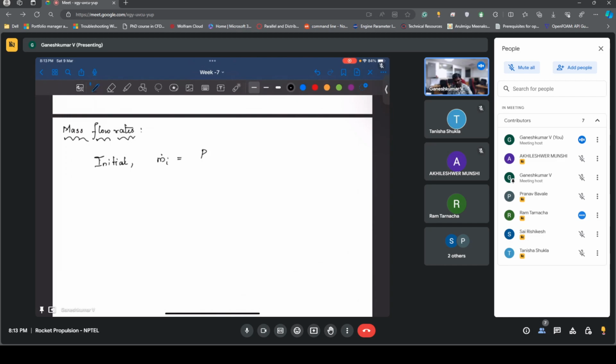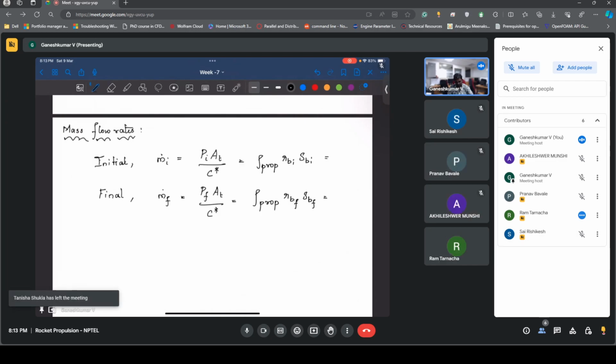So m dot initial is going to be either PI AT by C star, or equivalently rho propellant RBI SBI. Both will give you the same mass flow rate. The final is going to be simply rho propellant RBF SBF. Either formula can be used to find the mass flow rate.